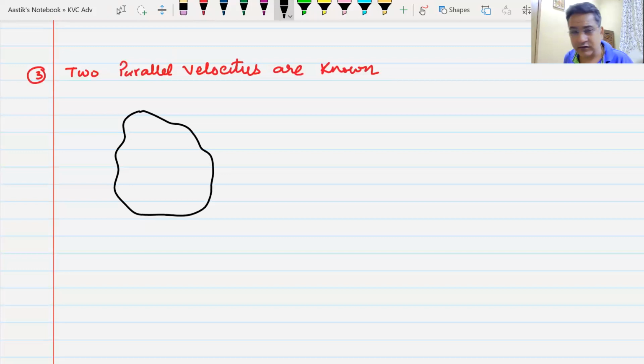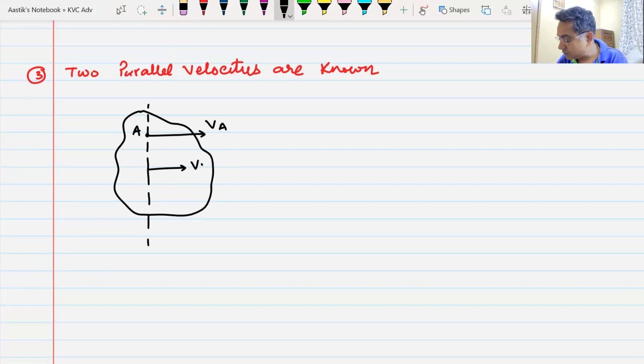It is in combined or plane motion. And you know any 2 points. Point A, the velocity of this point is VA. And you know the velocity of point B, VB. Both are parallel, as you can see.